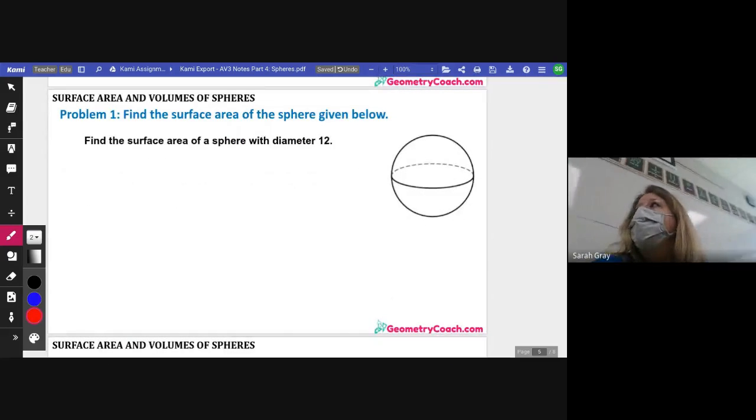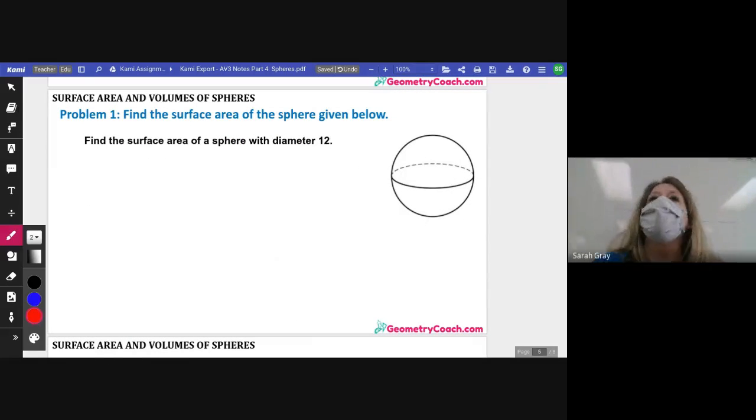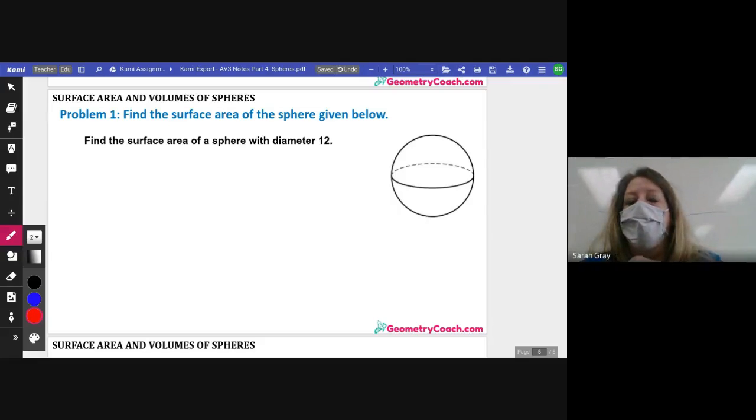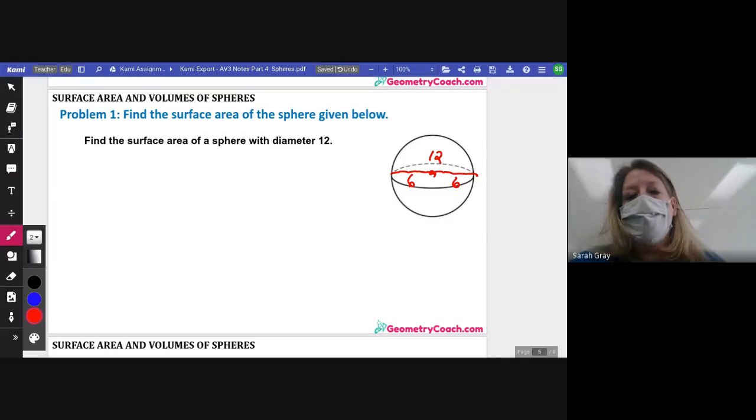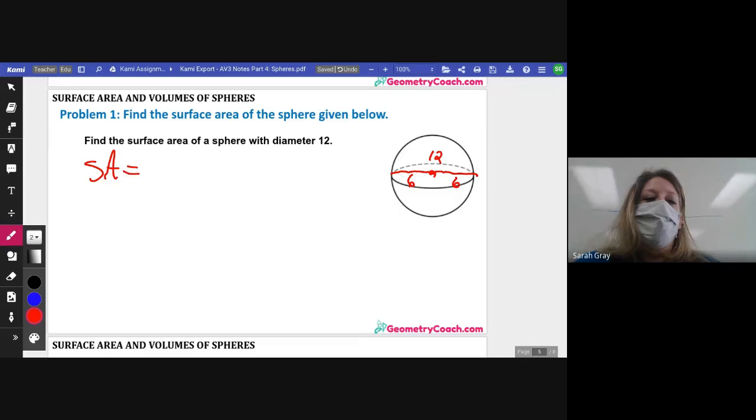Okay, this one's just a description. Surface area of a sphere with diameter 12. I gave you a blank one there, and you could draw the diameter if you wanted to. All the way across is going to be 12. So then each radius is going to be 6. Surface area is 4 pi r squared.